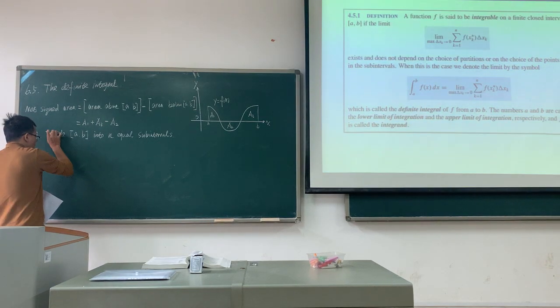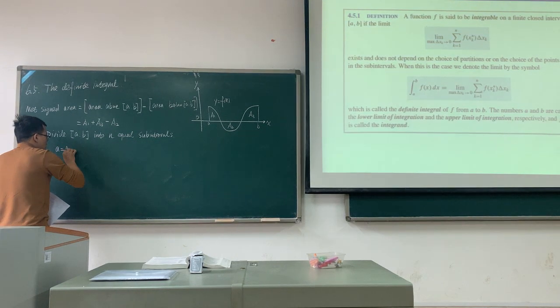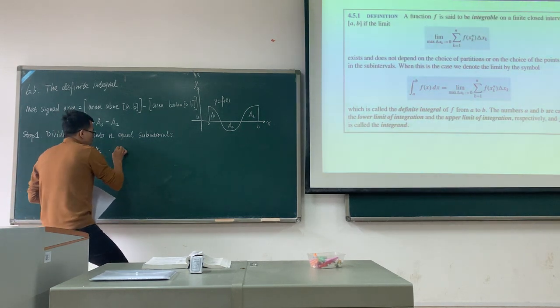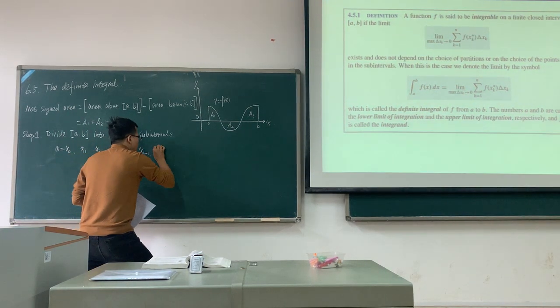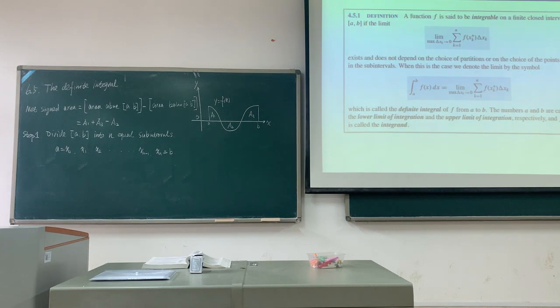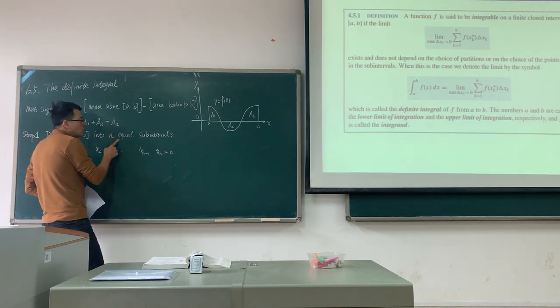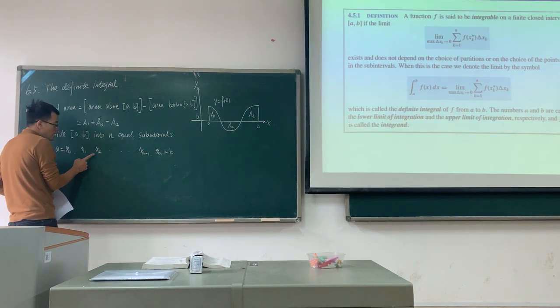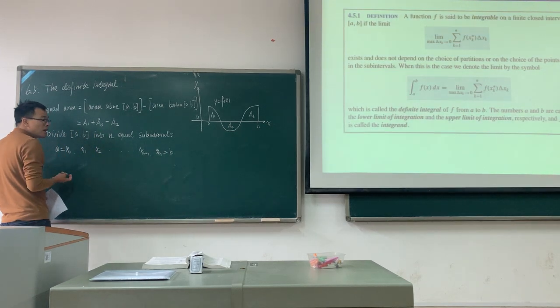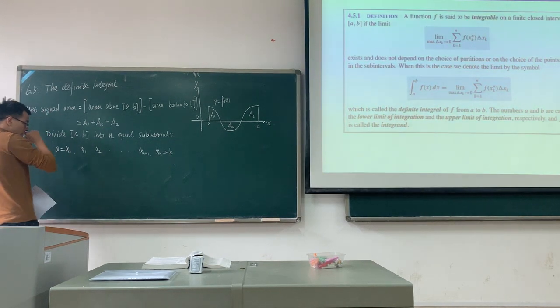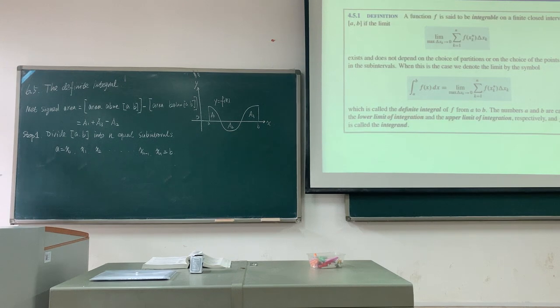Here, a will be denoted by x0, and then x1, x2, up to x(n-1), xn. xn will be denoted by b. Because these are equal subintervals, we can find the formula for xn.